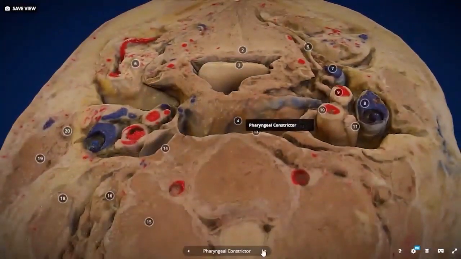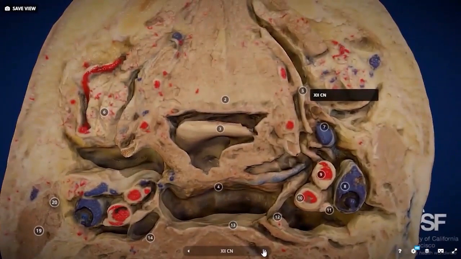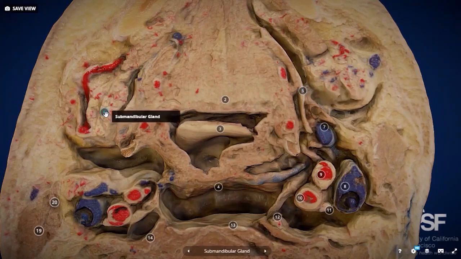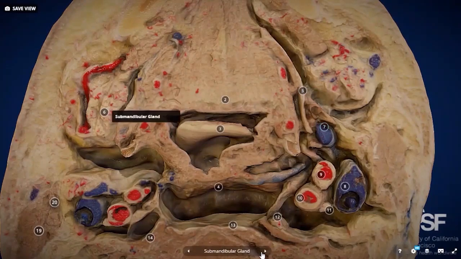So let's go back to the anatomy, lateral to the root of the tongue, and just medial, in this case, to the submandibular gland. What we can see here is the hypoglossal nerve. It is worthwhile to remember that there's a communication of this nerve with the cervical plexus via the ansa cervicalis.